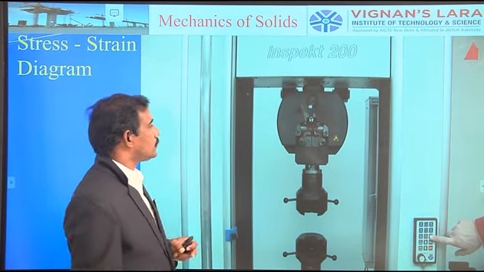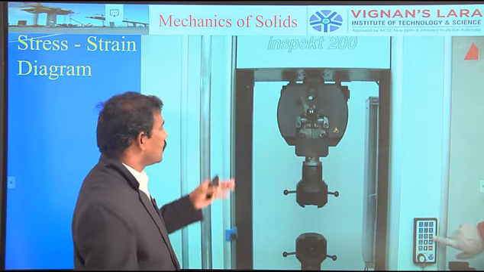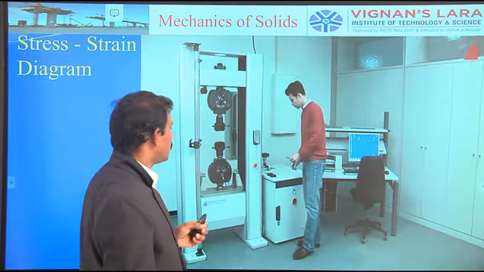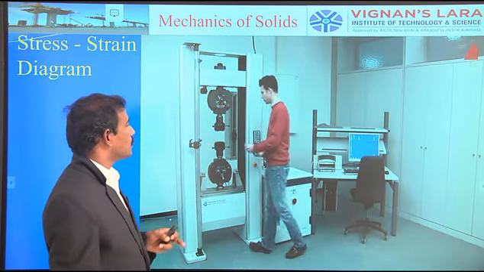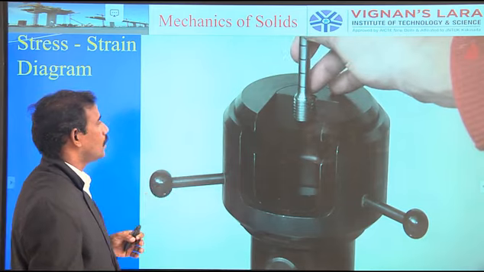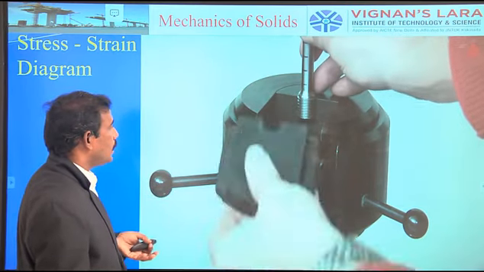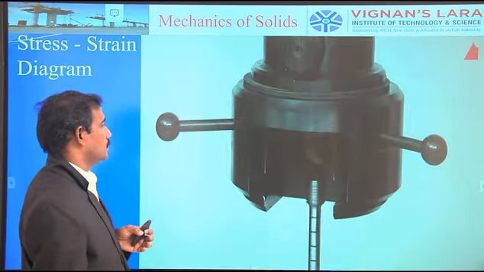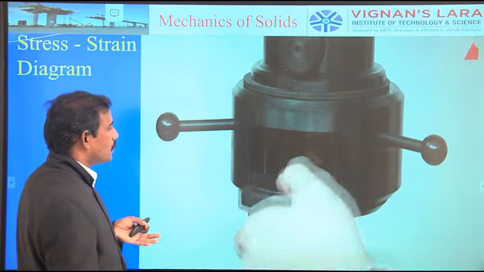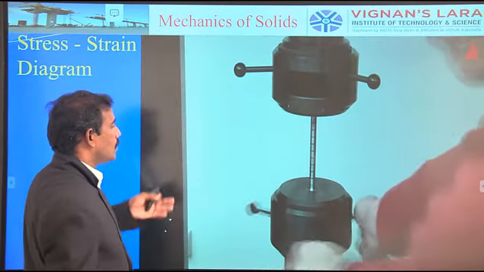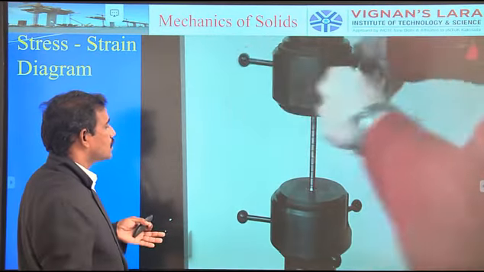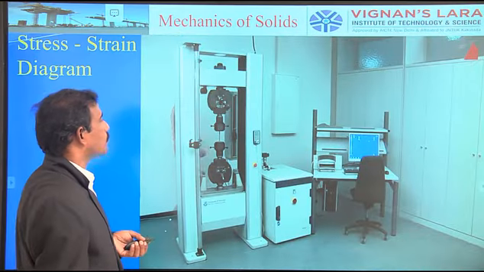These are the jaws, both are movable. So the specimen is fixed into the jaws, then apply the load gradually, then observe the elongation as well as the stress and strain graphically also.